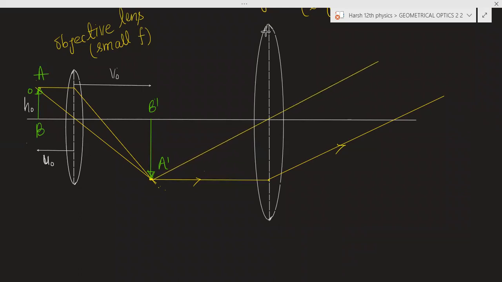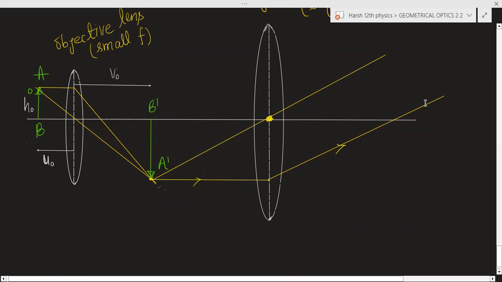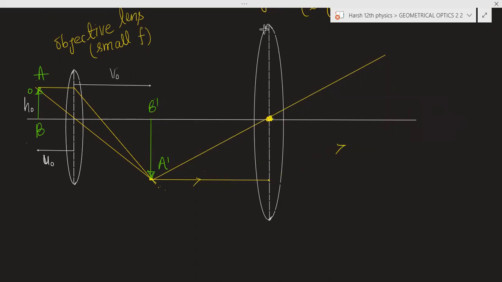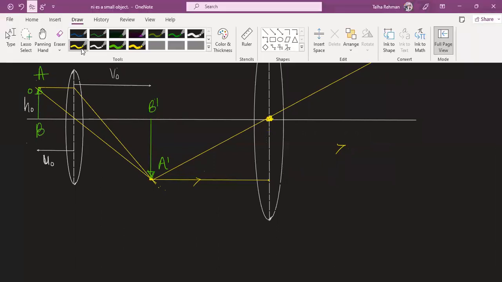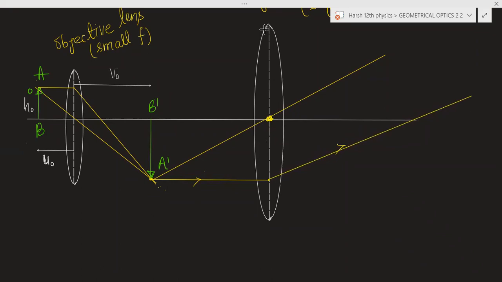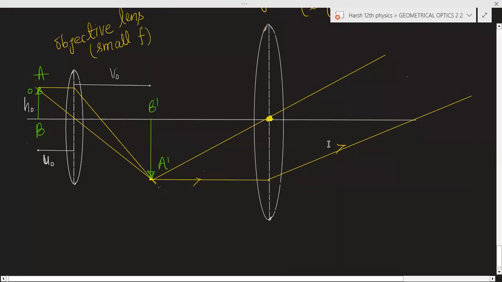And now you can see both these rays are getting diverged. These are the diverging rays.